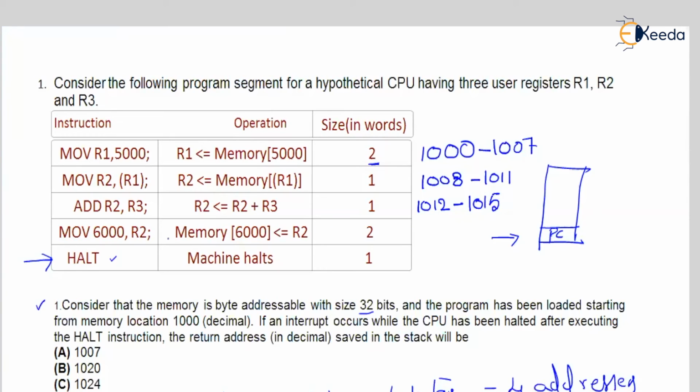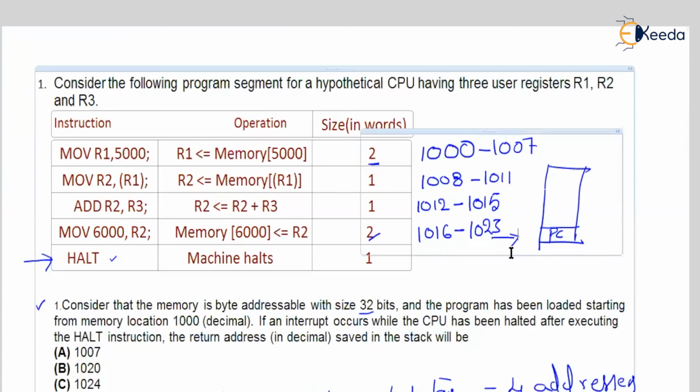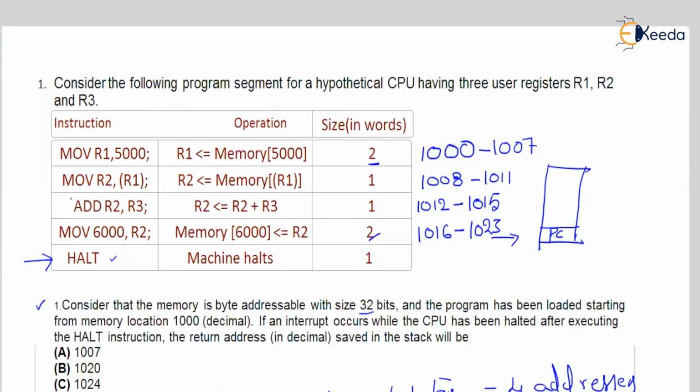And this instruction's offset is 1016, and since it is a two-word instruction, it is going to take 8 addresses, 1016 to 1023. Now the offset of the halt instruction is, of course, as you know, 1024.